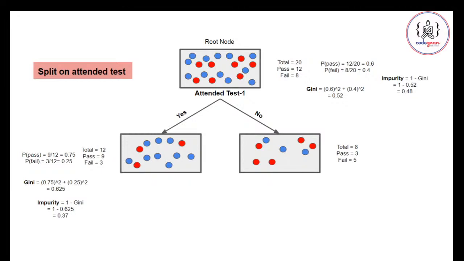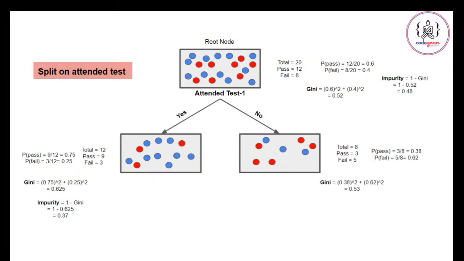After splitting, at the right subnode we have a total of 8 data points. Out of 8, 3 have passed this examination and 5 have failed. Again you have to repeat the same process. Calculate the probability of pass, which comes out to be 3 by 8, equal to 0.38, and the probability of fail is 5 by 8, which comes out to be 0.62.